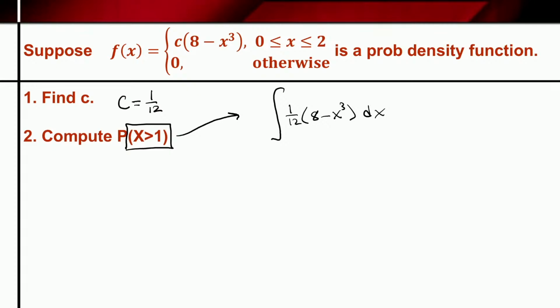Oh, interesting. Okay. You can go from 0 to 1 and then subtract from 1. Is that what you said? Yeah, you can do that. I'm going to do the easier way, I think, and go from 1 to 2, because bigger than 1 means everything from 1 to 2. But yes, you certainly could do the 1 minus.